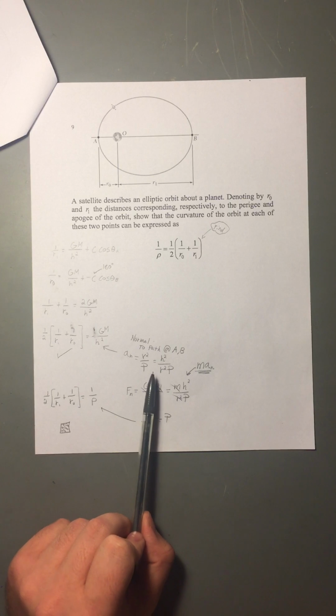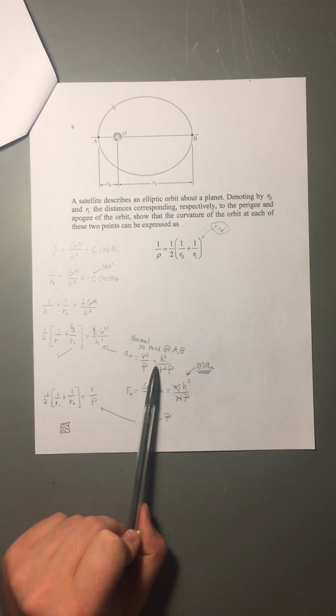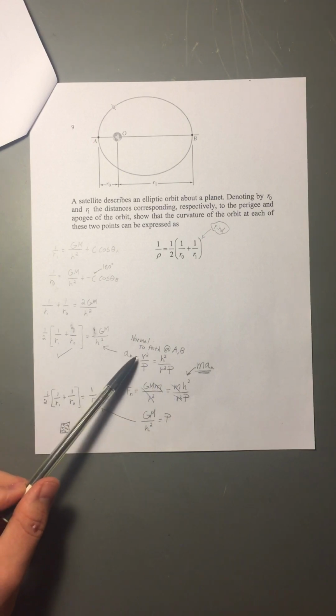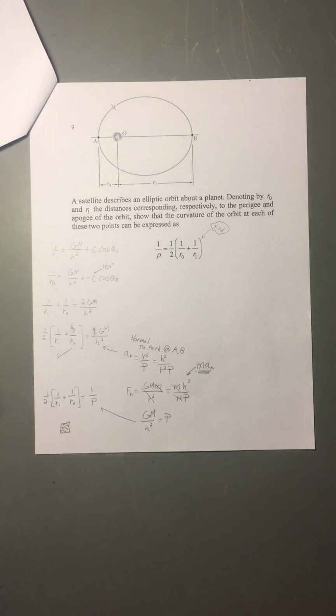And because it's normal to the path, we can set it equal to h squared over r squared over rho. And so this h squared over r squared is equal to v squared. And then from there, we can take our equation for gravity with big G and the force in the normal direction and set it equal.